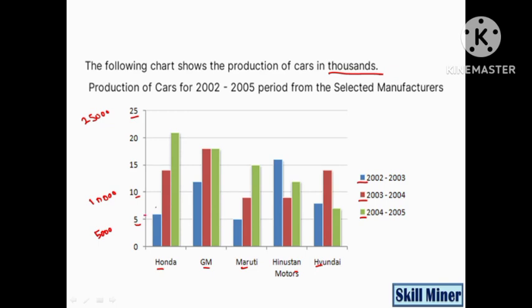The blue one will be 6. This will indicate 14. This will indicate 21. This will indicate 12, 13, 5, 9, 15, and this will indicate 16.